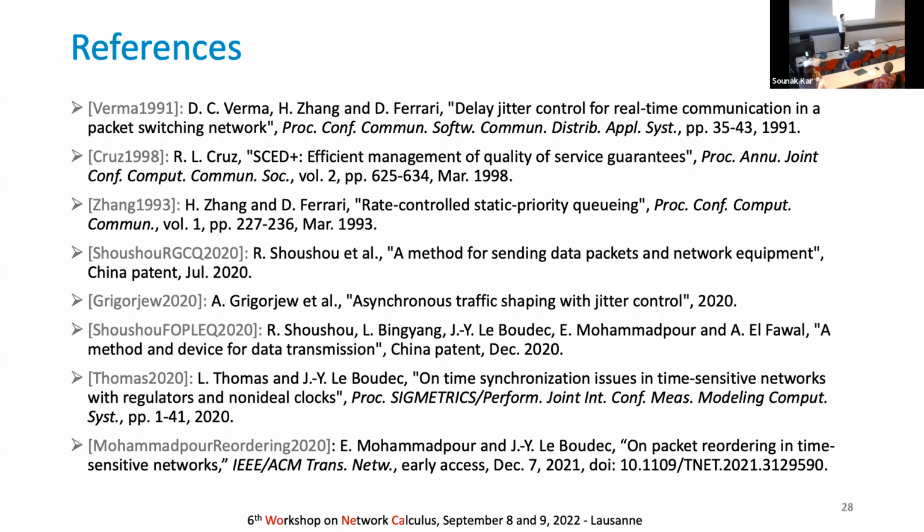Maybe a quick follow-up. The transmission time of a packet compared to the error in clock synchronization, how do they relate? What is the transmission time, the serialization delay of one packet in your network? It depends on the packet size and the line rate, right?